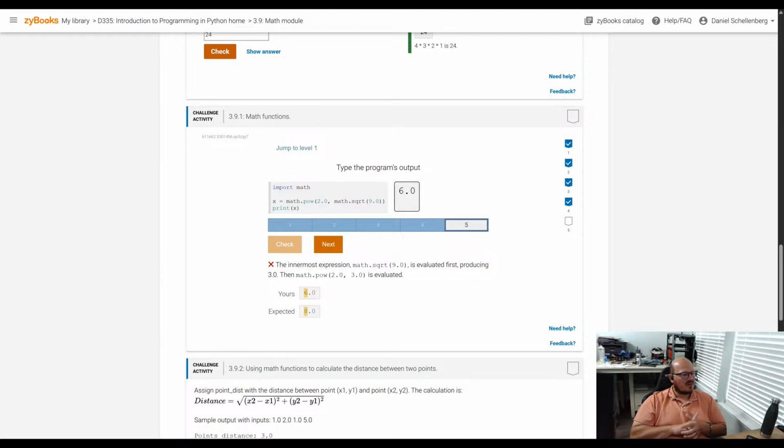So what you want to do is 2.0 times 2.0. 2 times 2 is 4. 4 times 2 equals 8. Oh my gosh, I don't know what I was thinking. Addition, probably. So 8.0 is what that should have been.